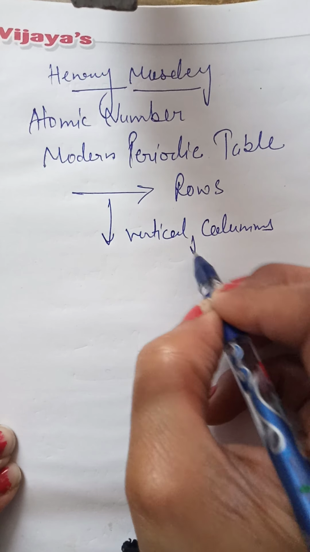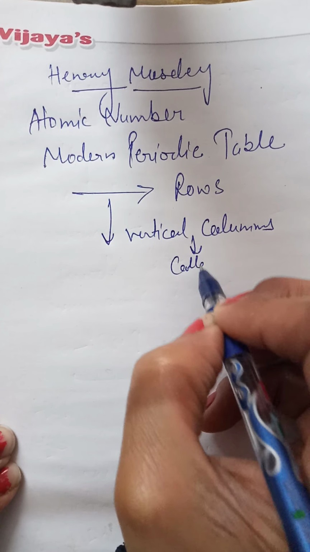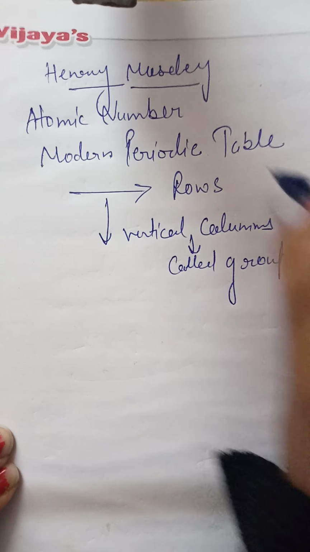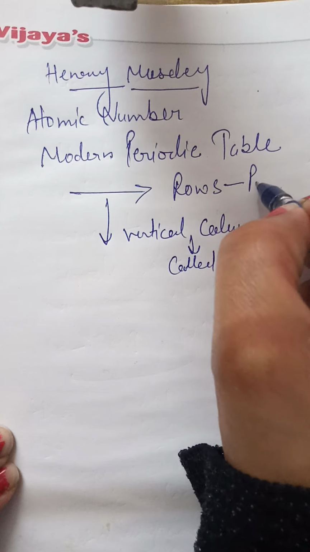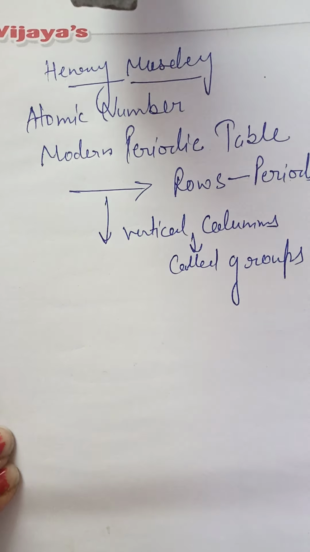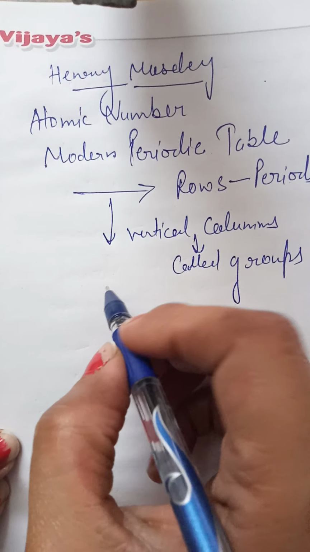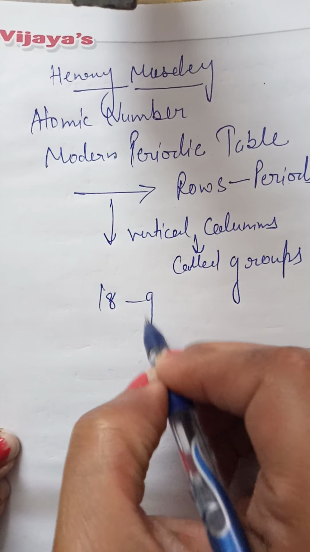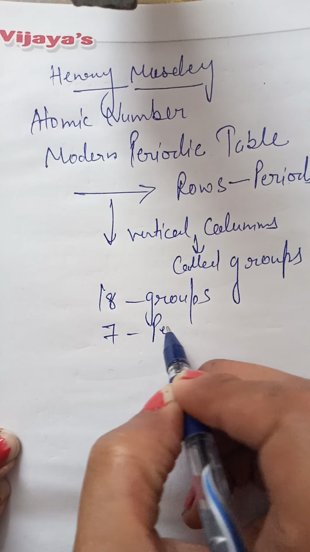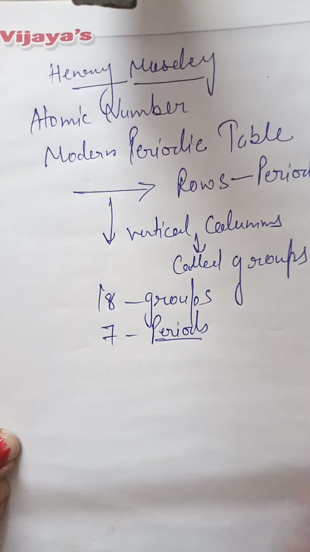Vertical columns are called groups, and horizontal rows are called periods. So in the modern periodic table, we have 18 vertical columns, called groups, and 7 horizontal rows, called periods. These are in the new periodic table.